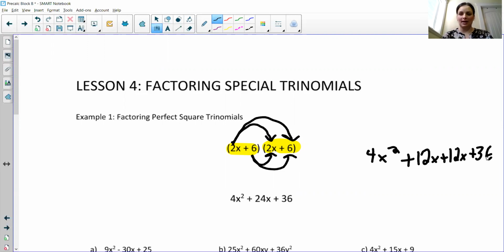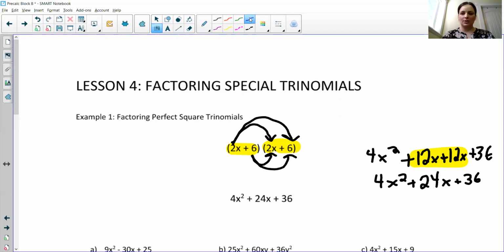And then the next step for distributive law, of course, is to group these like terms. What do you notice about these like terms? They're the same. So it becomes 4x squared plus 24x plus 36.